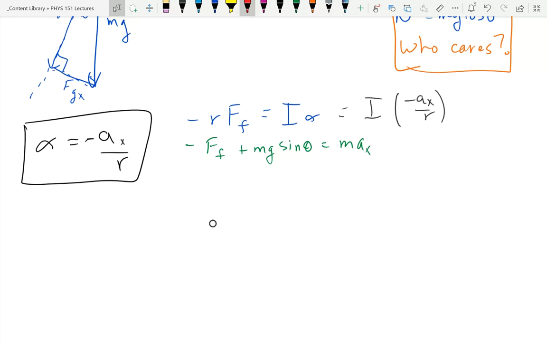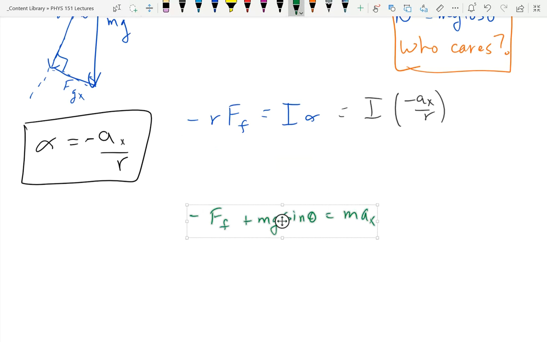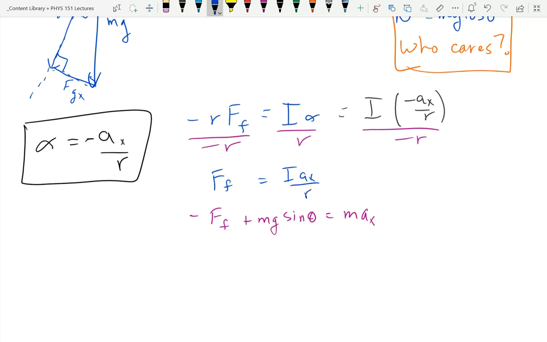I would take the blue equation and simply divide both sides by minus r, so that the blue equation becomes force of friction equals I ax over r squared. Notice that when dividing by minus r, the minus is canceled.